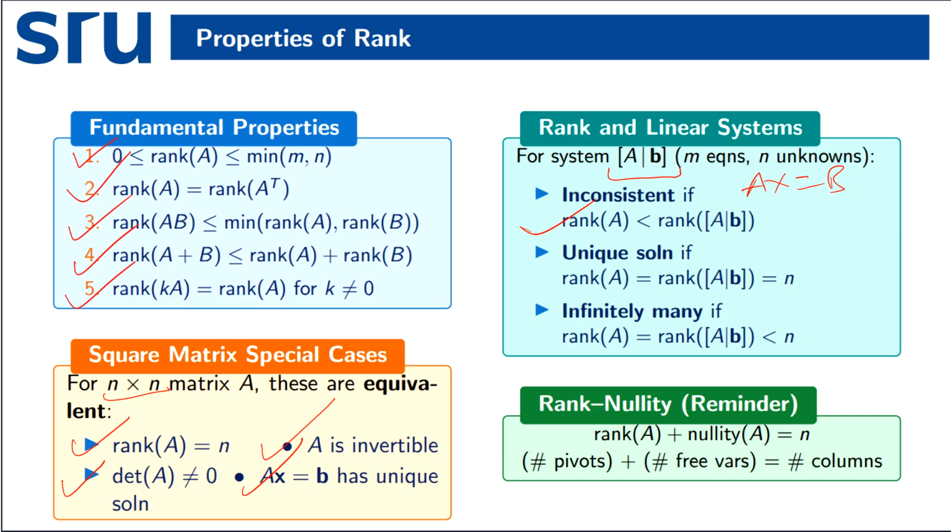If the rank of A is equal to rank of A augmented B equal to the number of columns, unknowns basically, then it will have a unique solution. If the rank of A and rank of A augmented B, okay, are equal but less than the number of unknowns, then this system will have infinitely many solutions.